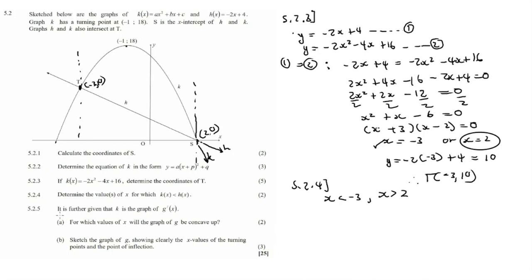5.2.5, it is further given that k is the graph of g prime x. Okay, so now for which values of x will the graph of g be concave up?